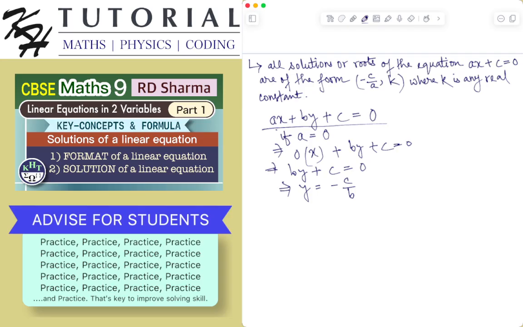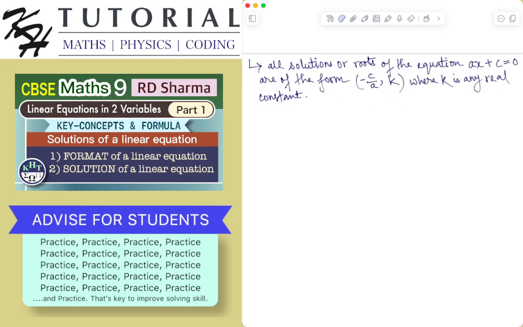So if I am given, let's say, okay, let's not consider a equals 0. Let's say we are given an equation like this, that is ax plus c equals 0, where obviously a is not equal to 0, c could be 0. Now, this equation is definitely a linear equation in one variable x.